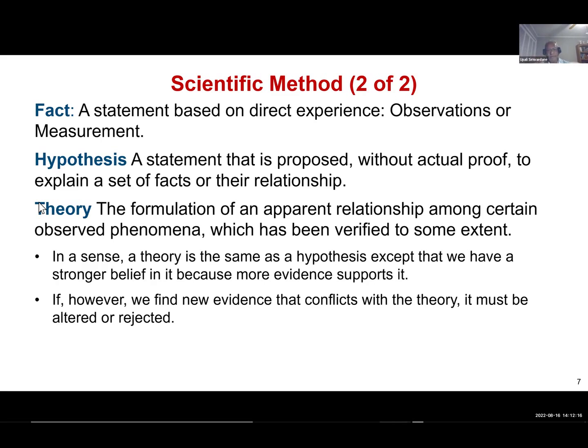Theories will be replaced by other theories. So you have to understand Newton's law for motion of objects, planets, stars. It's replaced by Einstein's theory of relativity, which includes small particles as well, electrons and protons.